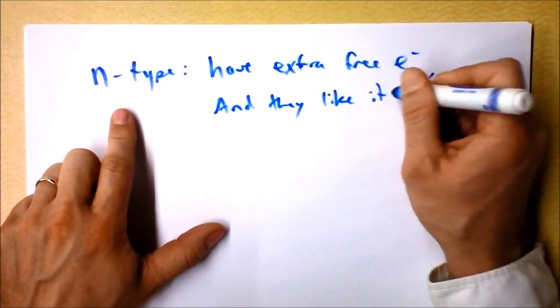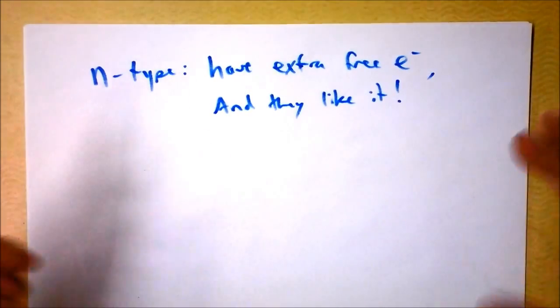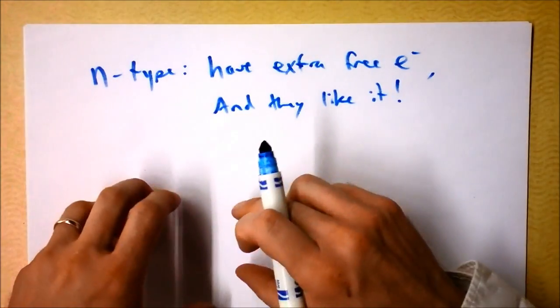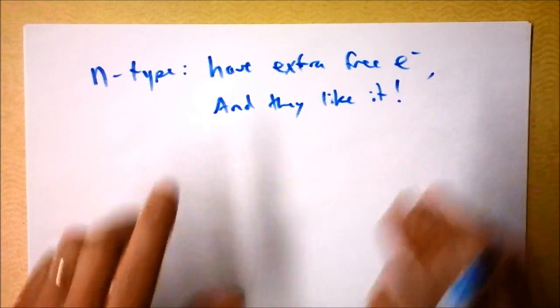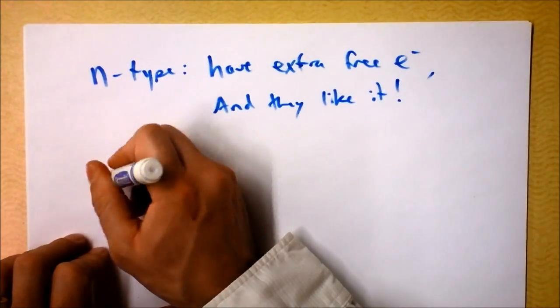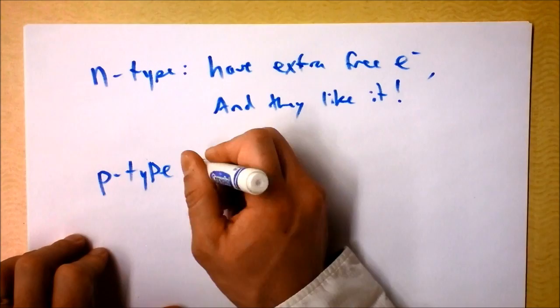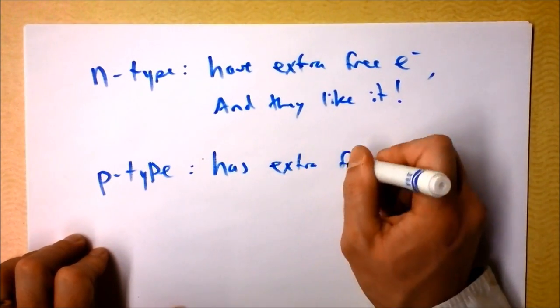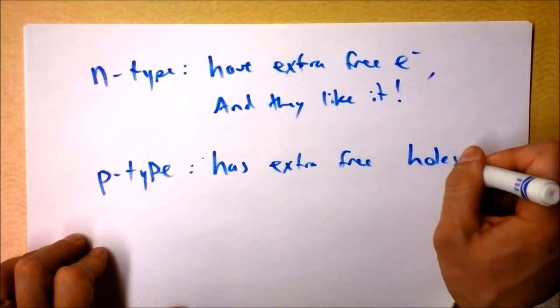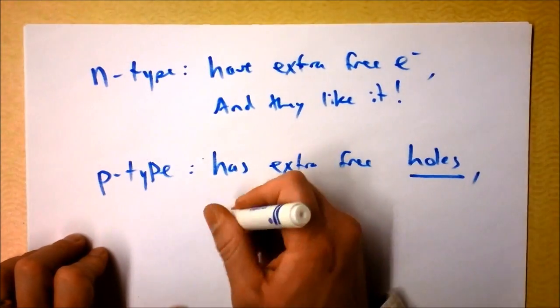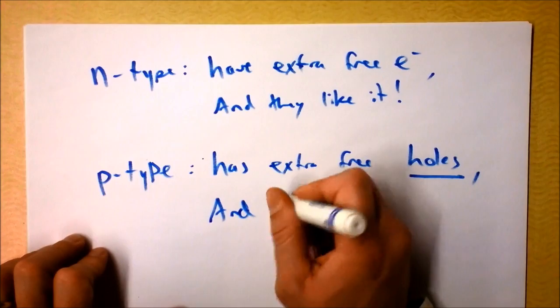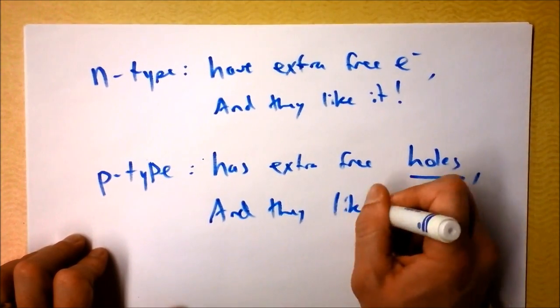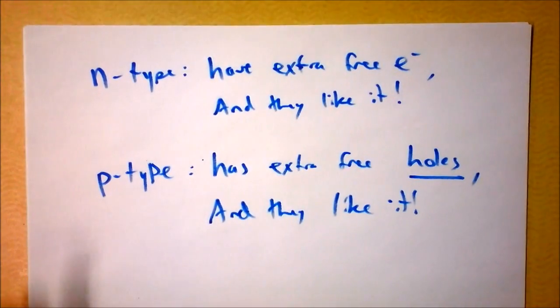In fact, they are still neutral, but there are extra built-in holes and extra free electrons, and they prefer to be that way. But p-type is the exact opposite, has extra free holes, not electrons, and they like it. Crazy, crazy.